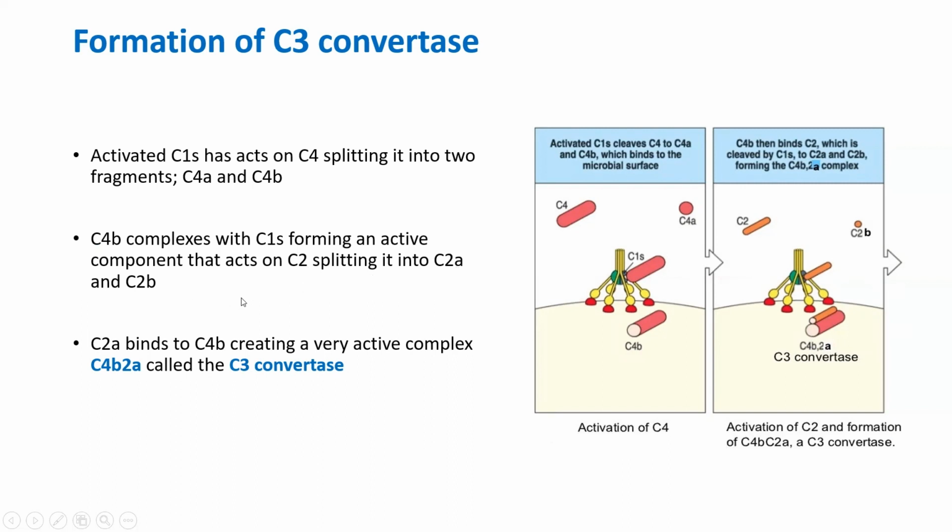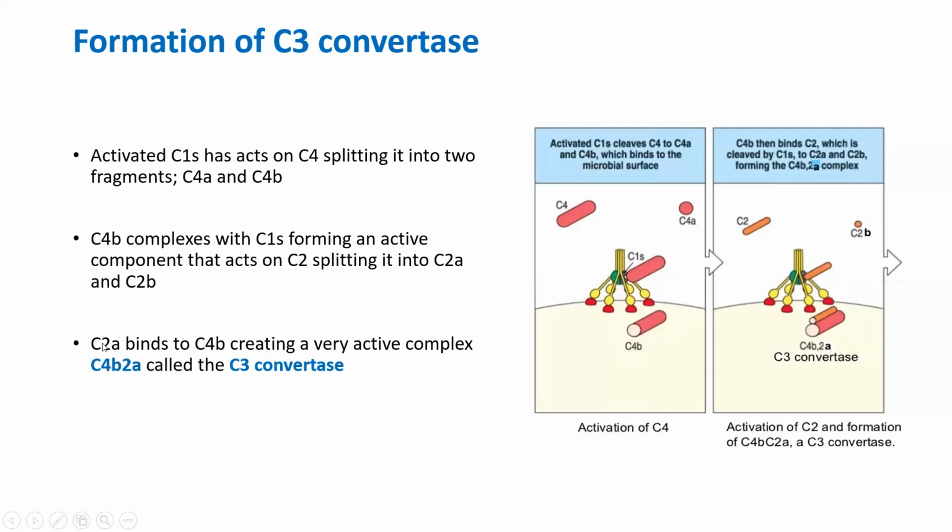Remember, C2 is the only exception where C2a is the larger chunk. Therefore, C2b is the small one, and C2b goes back to serum or blood, and then C2a drops. So we have now formed C4b, the bigger chunk for C4, and C2a, the bigger chunk for C2.